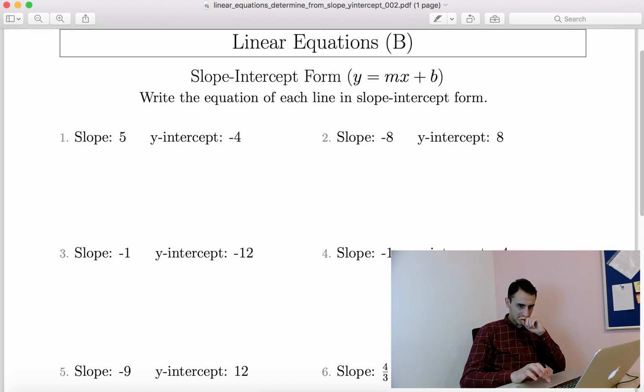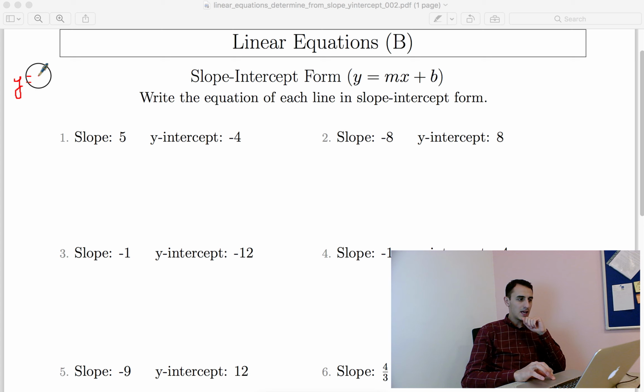So let me first write the equation of the line. The equation of the line is like this: y is equal to m multiplied by x plus c. Okay? So to have the equation of the line, I need to find m and c.